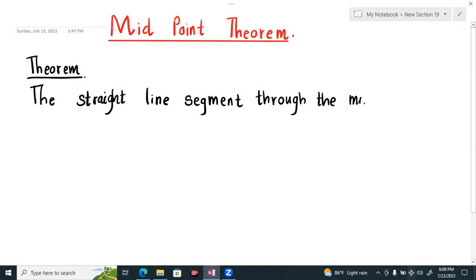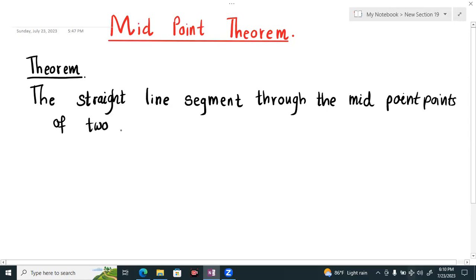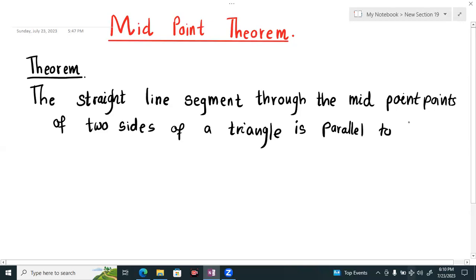through the midpoints of two sides of a triangle is parallel to the third side of it.